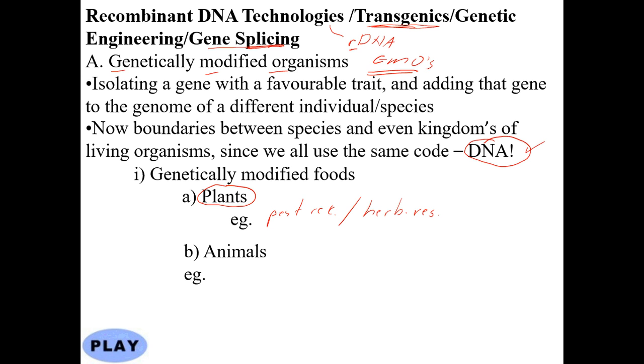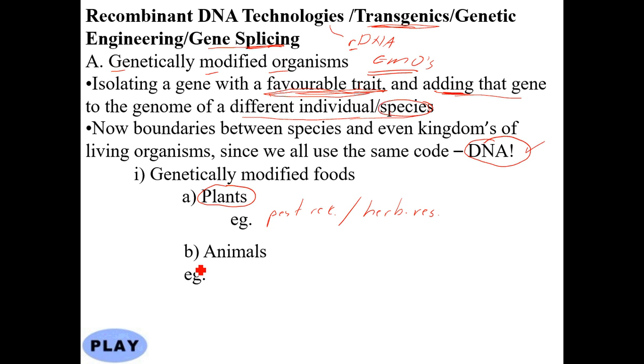But really it can be any trait that we find in any other living organism. We could say, that sounds like a useful trait, we would like to put it into a tomato plant, maybe to allow it to withstand colder temperatures or to have larger fruit. So what we're doing is adding a gene to the genome from a different individual, or maybe even a completely different species.